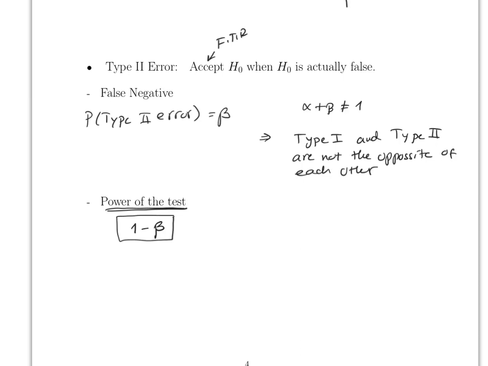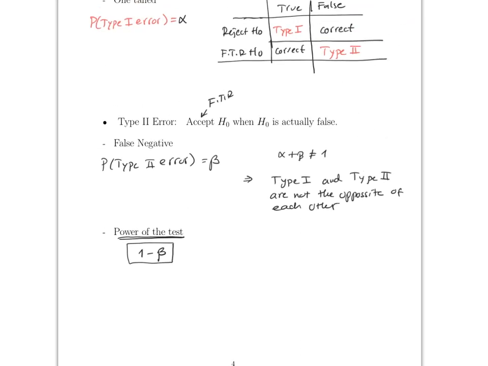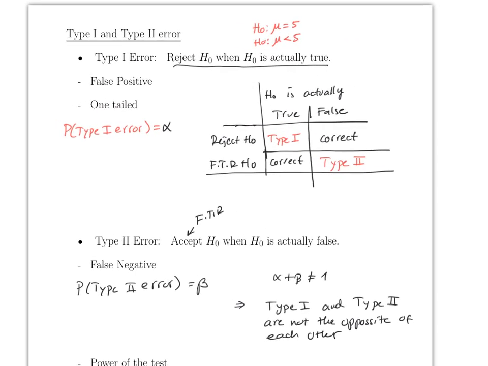By the way, even though we did this in section 8.1, this is not unique to 8.1. This will be the case for 8.1, 8.2, 8.3, actually everything in chapter 9 and even in chapter 10. So you can make a type 1 error in any section in chapter 8, 9, or 10. So it's not unique just to section 8.1. All right.